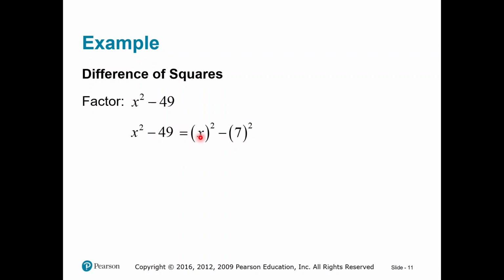So like a squared minus b squared, a is x, b is 7. So therefore, x plus 7 times x minus 7 is the factor of x squared minus 49.